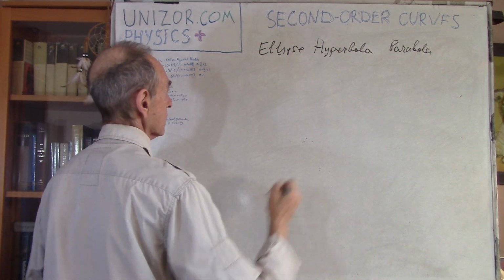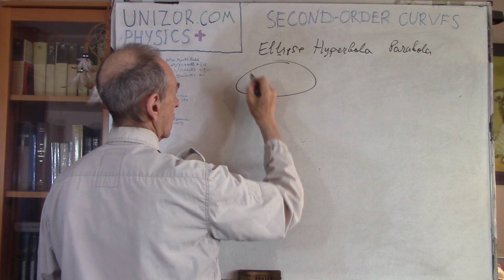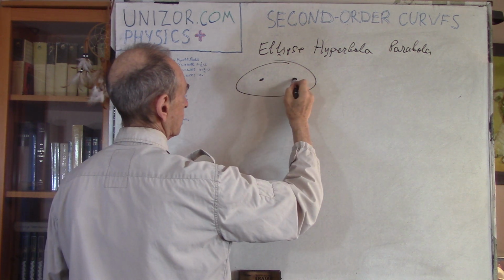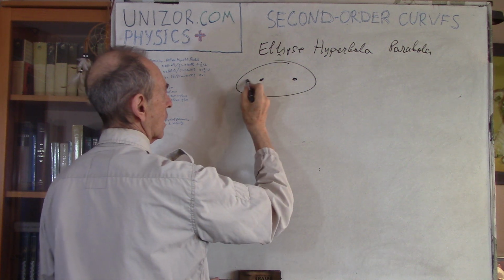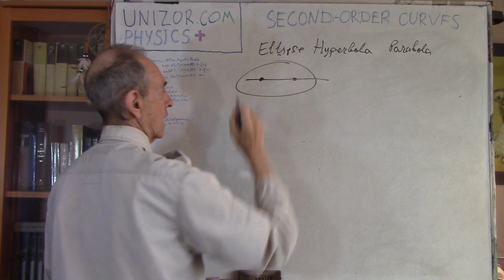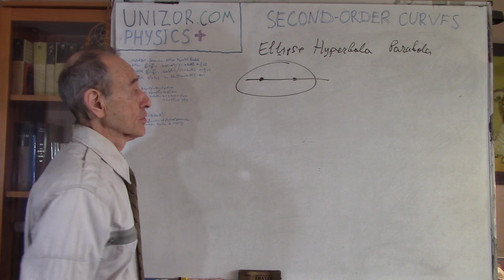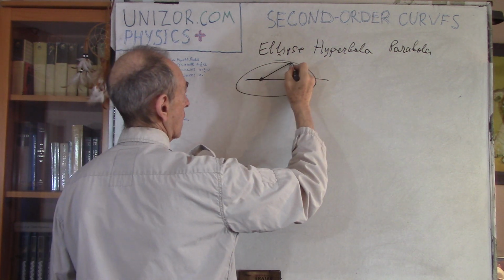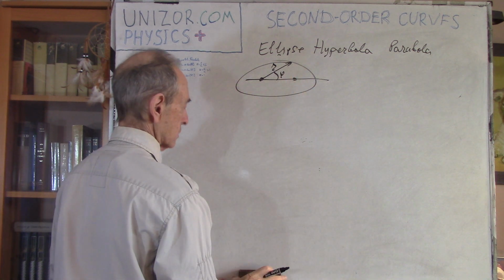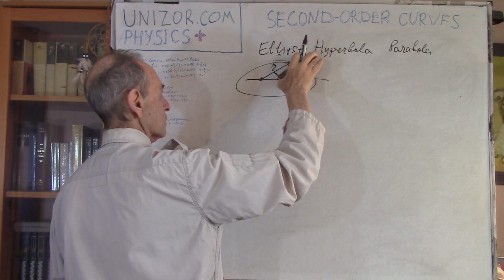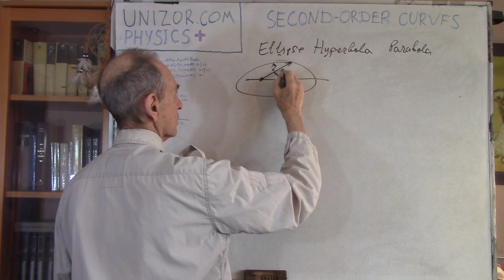Okay, if you have exactly the same ellipse with two foci, and you take one of these foci as the polar origin of coordinates, this would be r and this would be the angle phi, well, rather I would put theta, more traditionally theta.